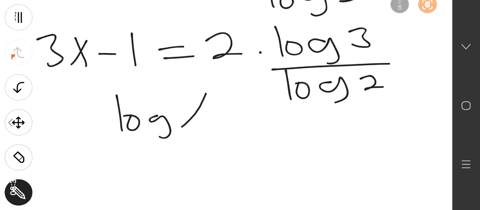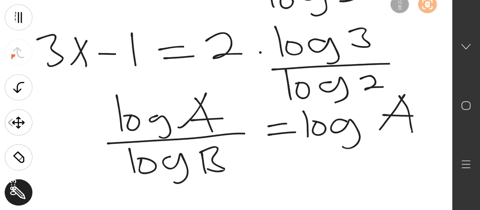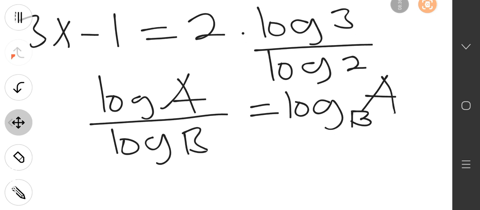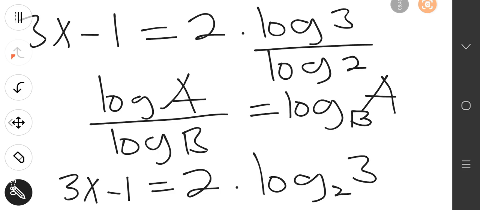Now, log A over log B equals log A with a base of B. Now, this is called the logarithm definition. So our equation is going to be 3x minus 1 equals 2 times log 3 base 2.